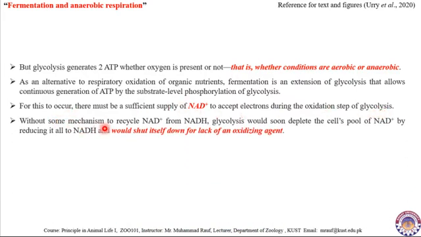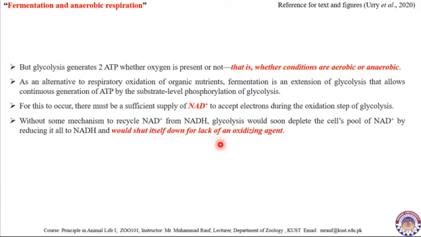Without some mechanism to recycle NAD from NADH, glycolysis would soon deplete the cell's pool of NAD by reducing it all to NADH, and would shut itself down for lack of an oxidizing agent. So if all the NAD molecules are occupied with electrons, then ultimately the glycolytic pathway will stop working, because there will be no acceptor of electrons.